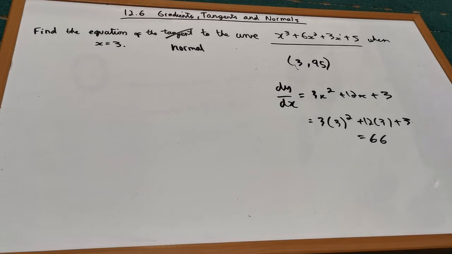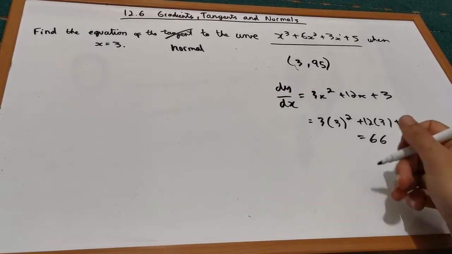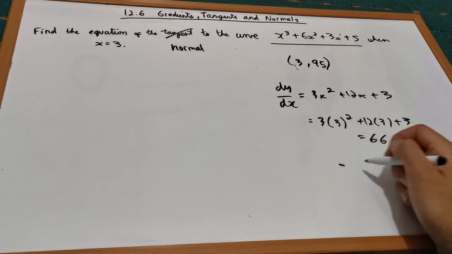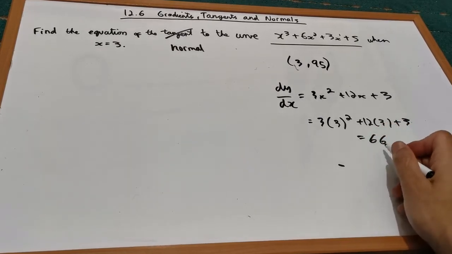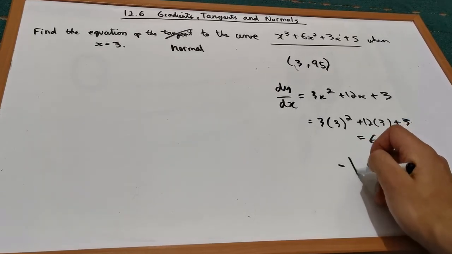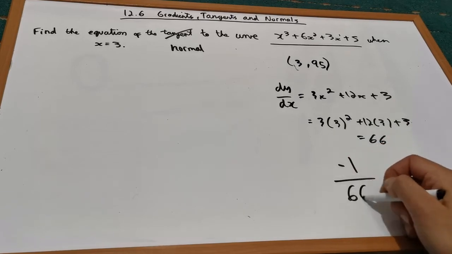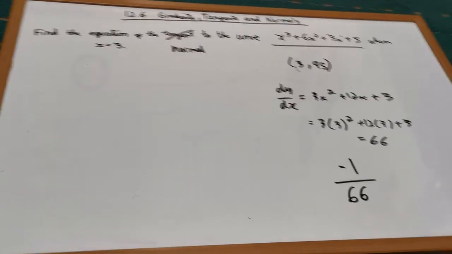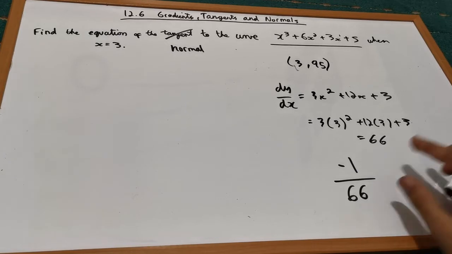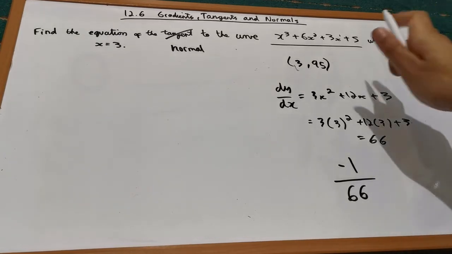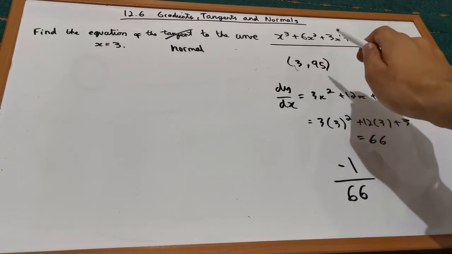Now, because we know that the normal is perpendicular to the tangent, we know that the gradient of the normal must be the negative reciprocal of the gradient of the tangent. Therefore, it would be negative 1 over 66. Now, we have the gradient and we have a point for the line on that curve.